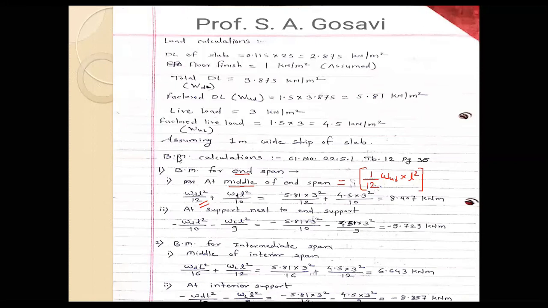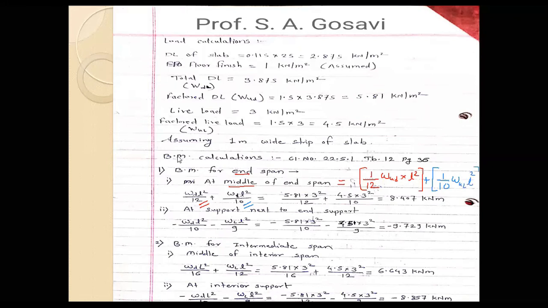Similarly, you have to take the coefficient for live load. For live load it is 1 by 10, and WL square is again the common term. So we add this: plus, in the bracket, 1 by 10 because the coefficient is positive, and WUL live load into L square.